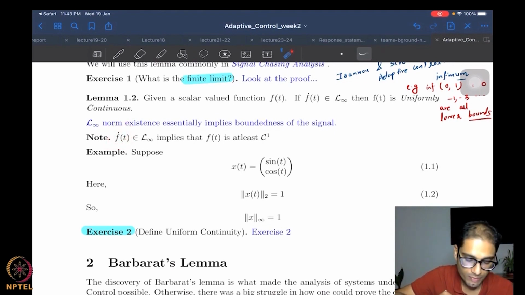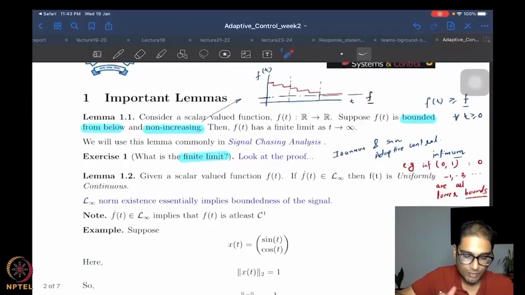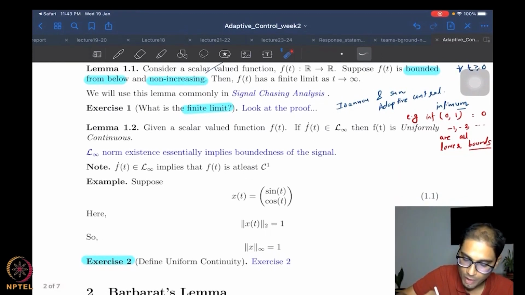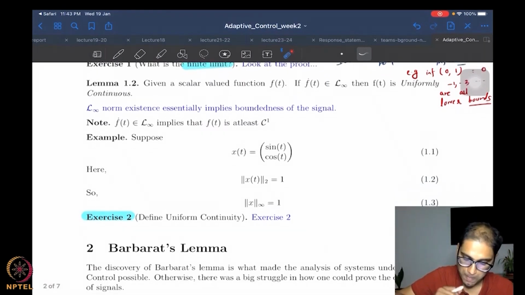This is a bigger assumption than in lemma 1.1, where I didn't even have to assume continuity. In lemma 1.2, I am assuming that the function is differentiable.